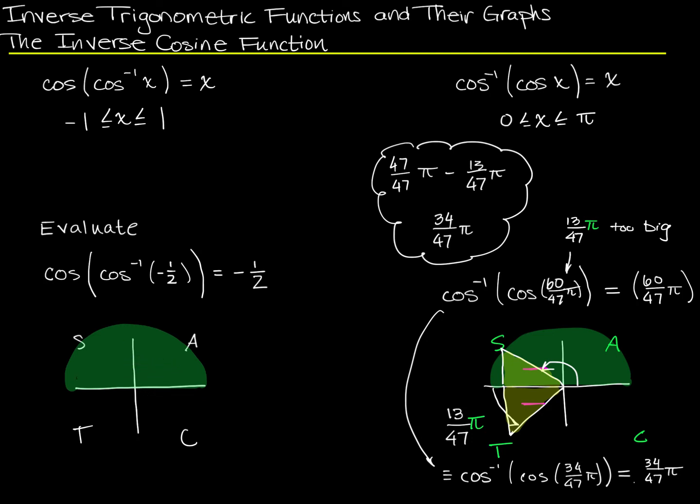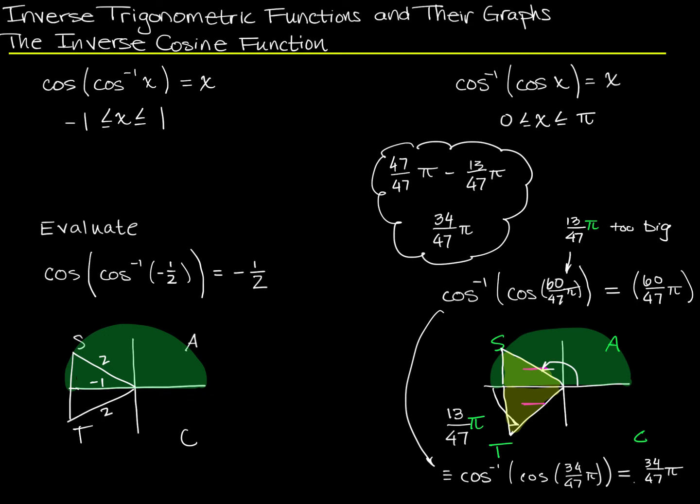Cosine is adjacent over hypotenuse, and so cosine is positive here and here and negative in quadrants 2 and 3. So I want an angle in either quadrant 2 or quadrant 3, because then my opposite is going to be negative, so that'll be -1 over hypotenuse, which will be 2.